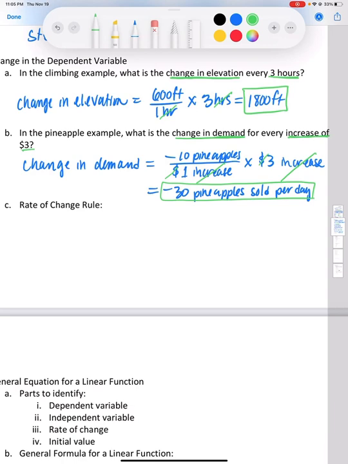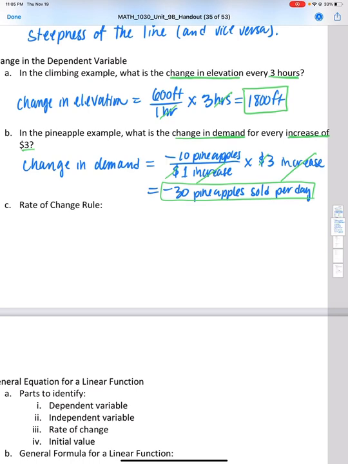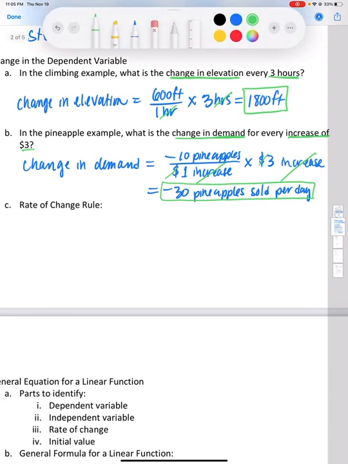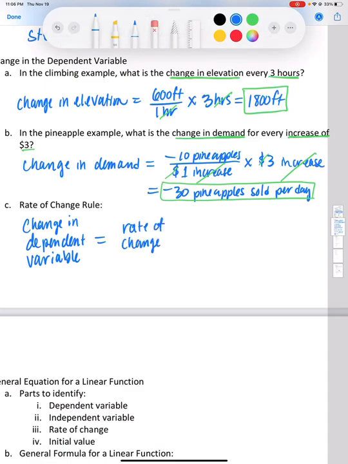So the rate of change rule is: the change in the dependent variable is equal to the rate of change times the change in the independent variable.